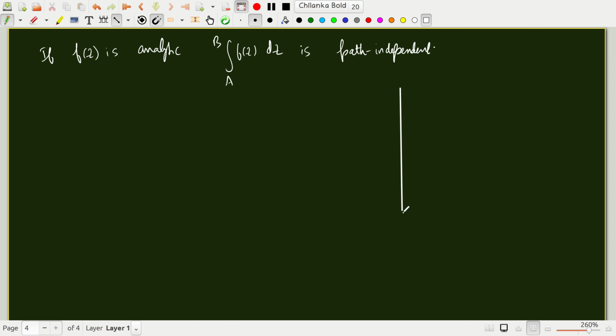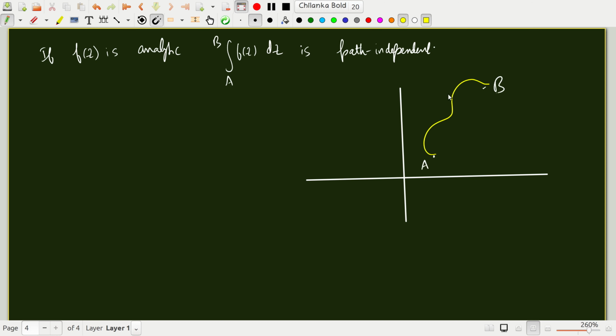Remember, I have a complex plane, I have 2 points a and b, and I can go between these 2 points in infinitely many ways, right? I can choose many contours or paths. But if f of z is analytic in this domain, in a region in the complex plane, then if I choose the 2 points in the region where f of z is analytic, then one can show using the Cauchy's integral theorem that the integral is path independent.